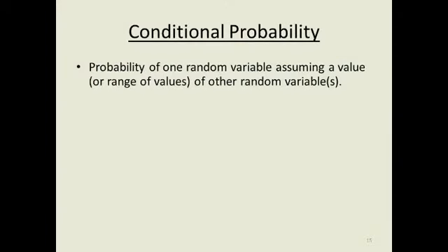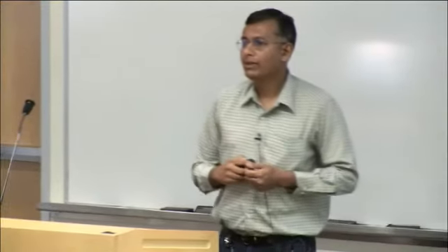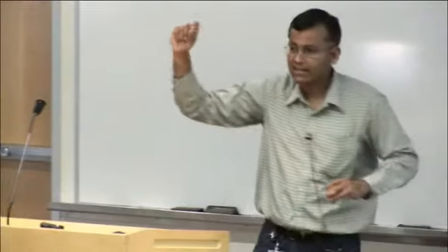Okay. Now it starts to get a little bit more interesting. So far we have just looked at individual distributions and probabilities. But when you bring in more than one random variable, you can start asking questions like: what is the probability that one random variable takes a given value, or, in the case of a continuous variable, falls within a range of values, when the other random variable has taken a specific value?